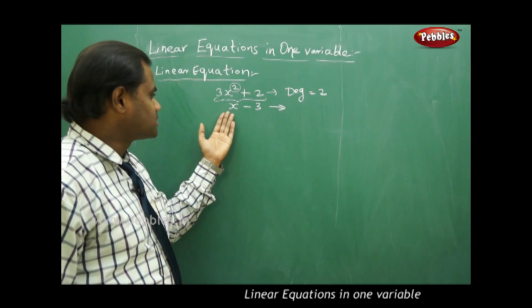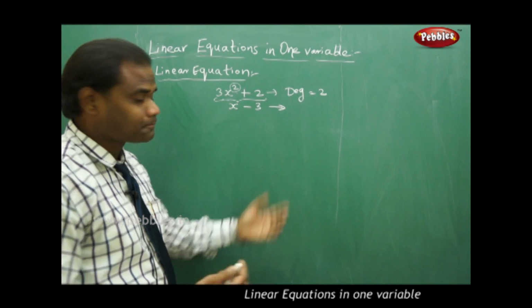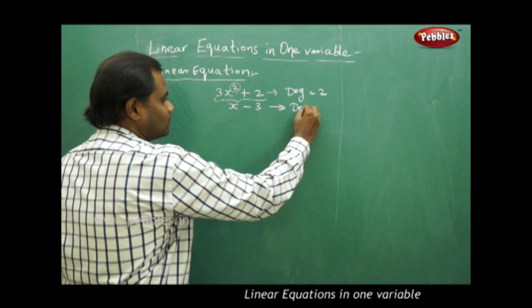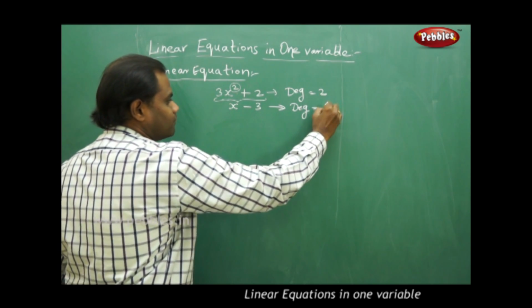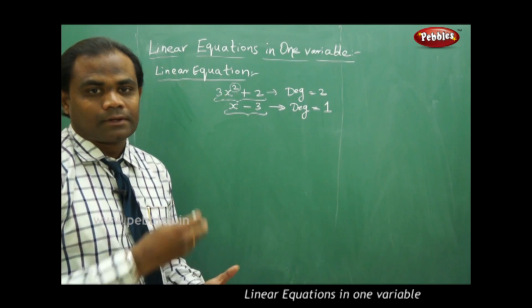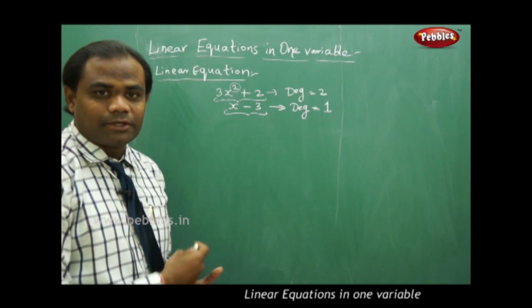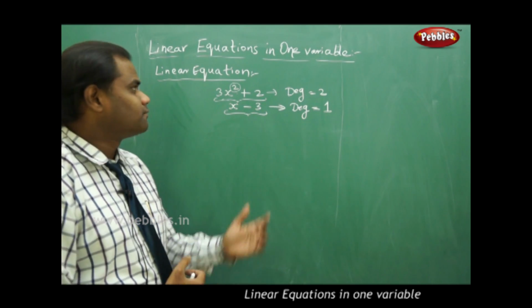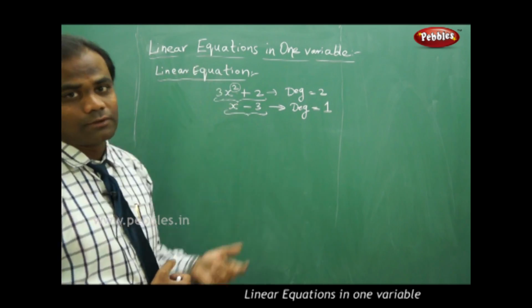Now let's take one more example, x minus 3. Here the highest power of the unknown variable x is 1, therefore the degree of this expression is 1. There are various equations or expressions which have various degrees, and those degrees define the linearity of the equation.